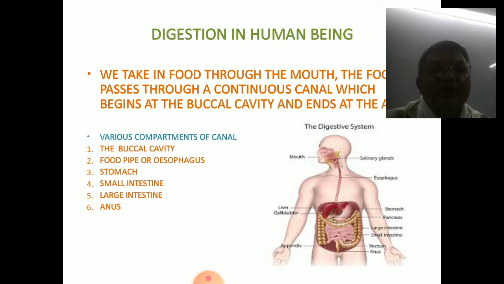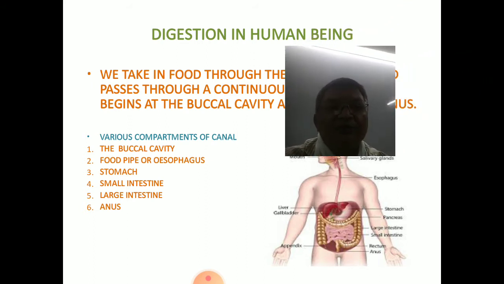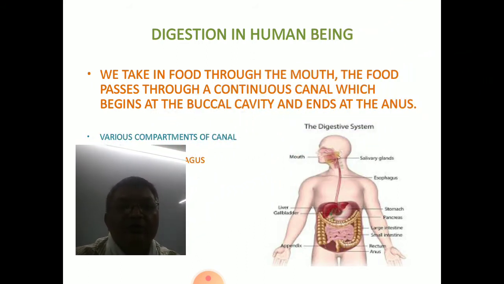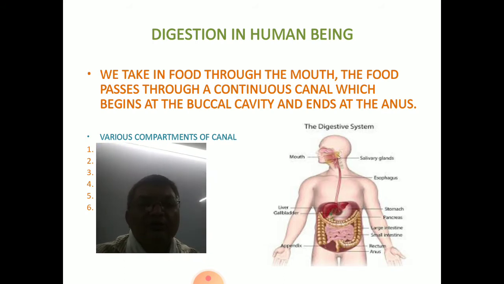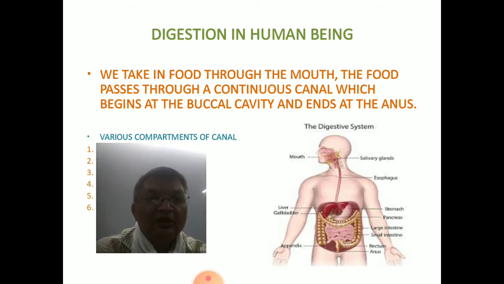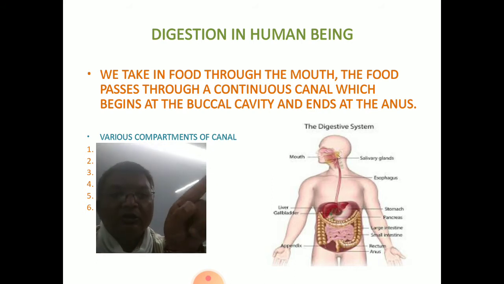So these parts I am hiding with my face, and now you can see the picture clearly. You see, in that picture, the digestion process starts from the mouth.